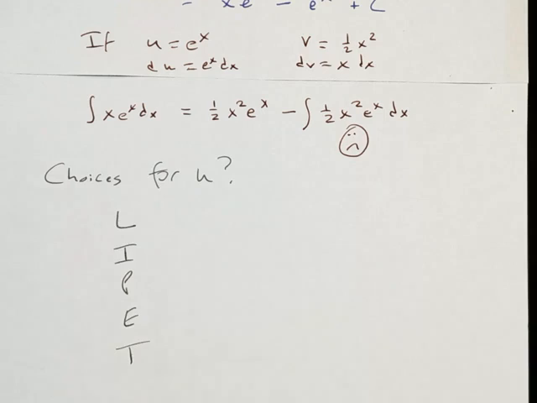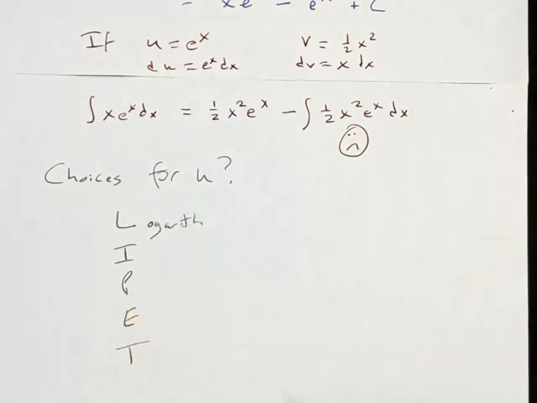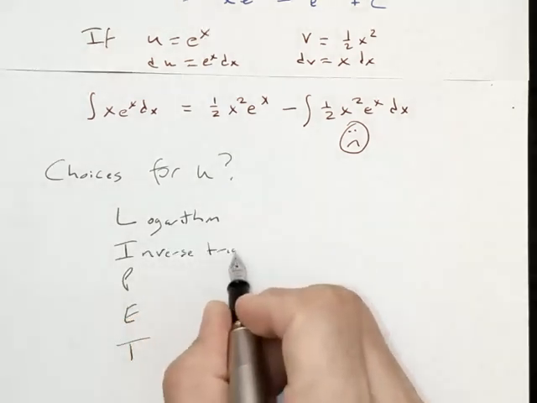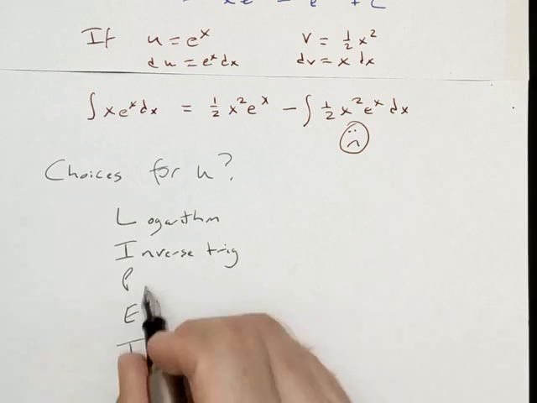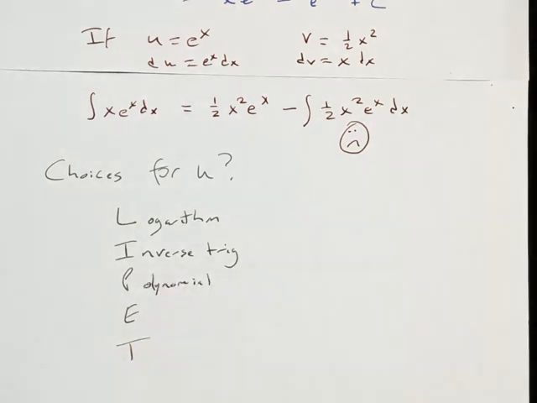If I see something that is logarithm, I think that should be u. If I don't see a logarithm, but I see an inverse trig, then that should be u. If I don't see either of those, but I see a polynomial, that should be u.